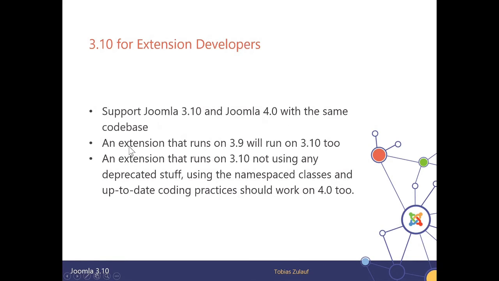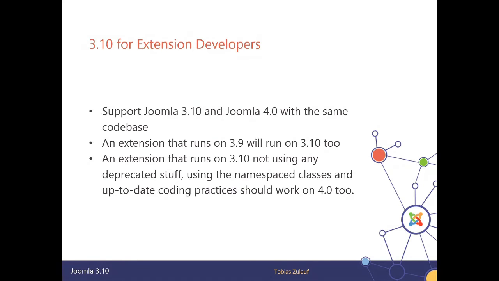Then for extension developers, 3.10 is intended to allow your extensions to be used with the same code base. So, for example, my plugins that I mentioned earlier can run with the 100% same code base on 3.9, 3.10, and 4.0. And usually every extension that runs on 3.9 will run on 3.10 too.